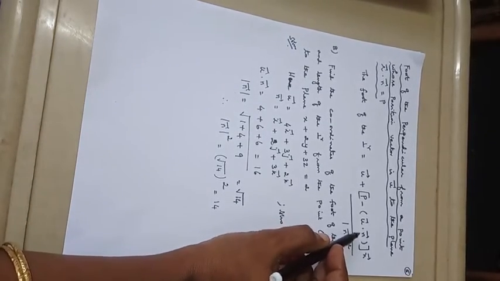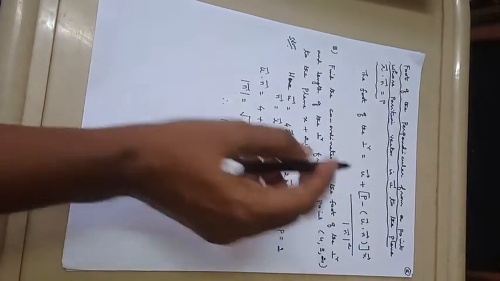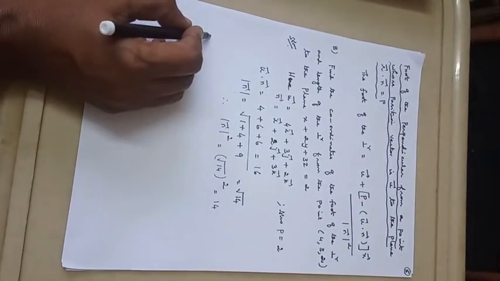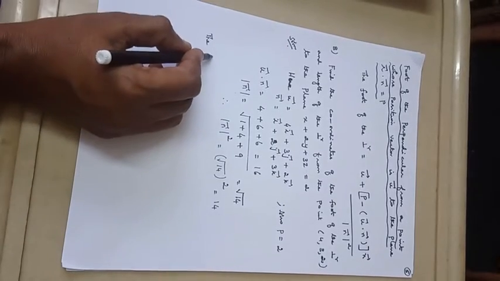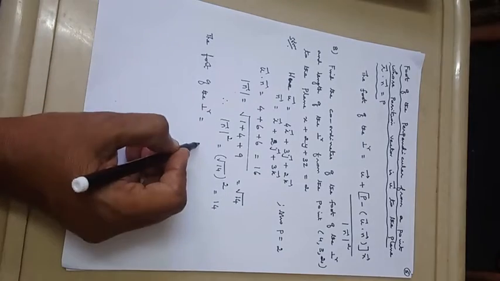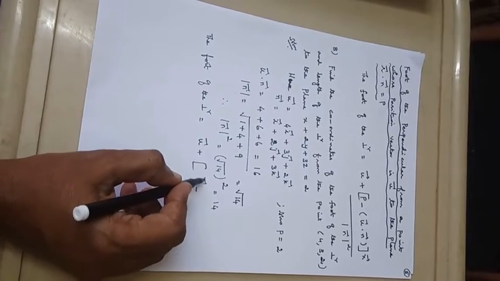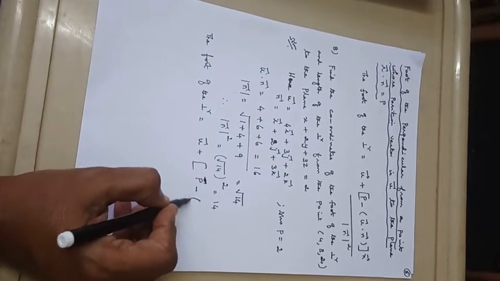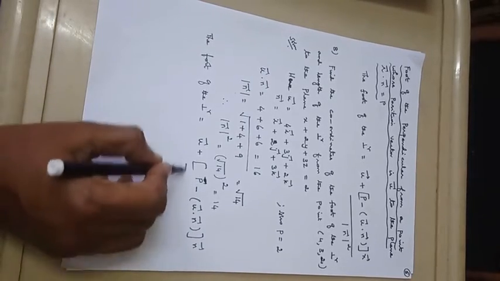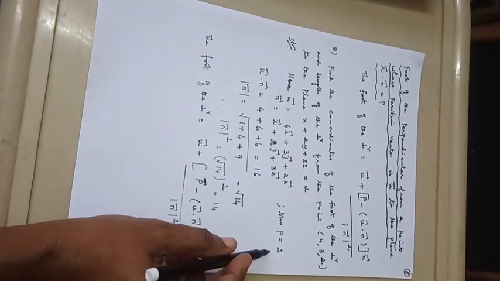So now we have found modulus of n square. We have found u dot n. And then you know what p is also. So you can now go to the formula. Okay, so now write the formula. The foot of the perpendicular is equal to u vector plus p minus u dot n into n vector divided by modulus of n square. p is not a vector, p is the constant here, 2.